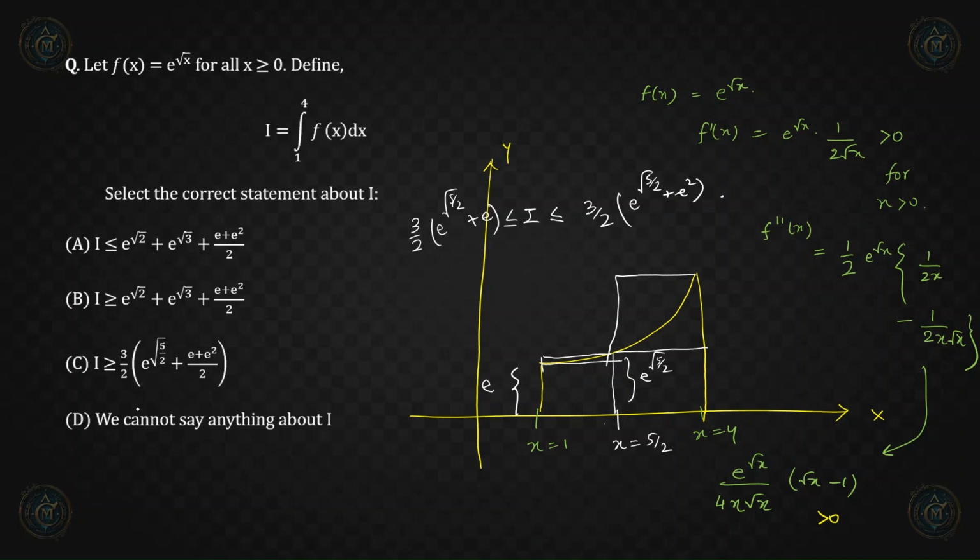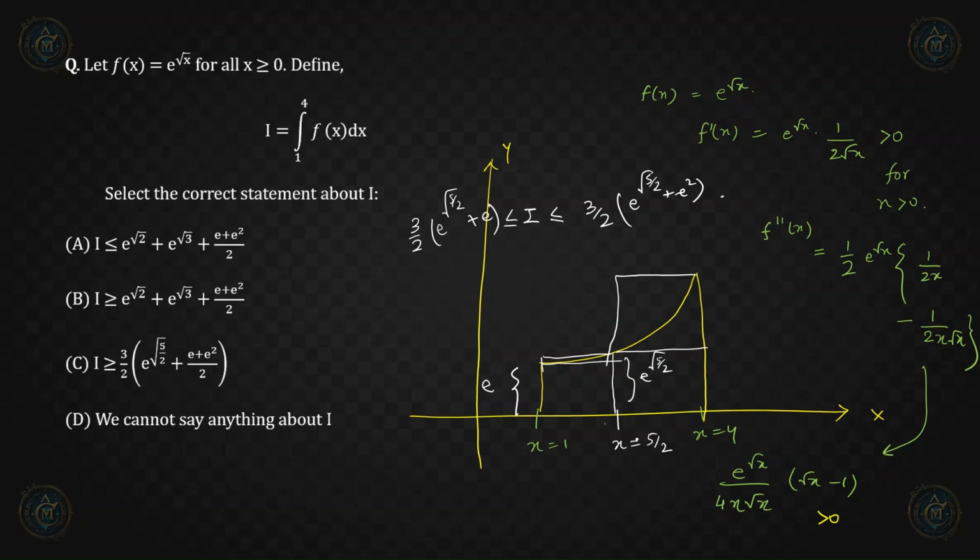So remember, whenever we are told to approximate an integral or some area under a curve, it is not necessary that we can only use rectangles. We can try any other possible shapes like trapeziums, right? So we can approximate this integral by forming trapeziums.